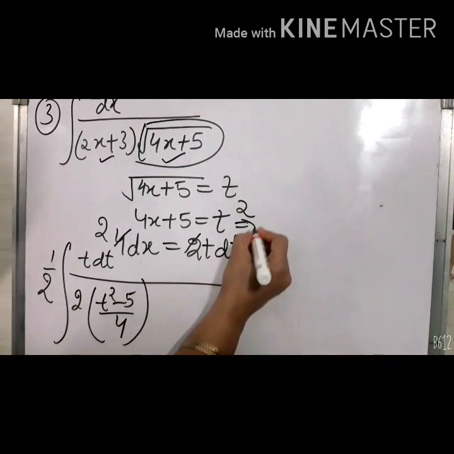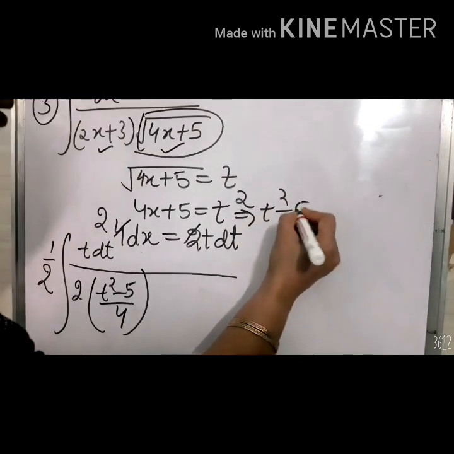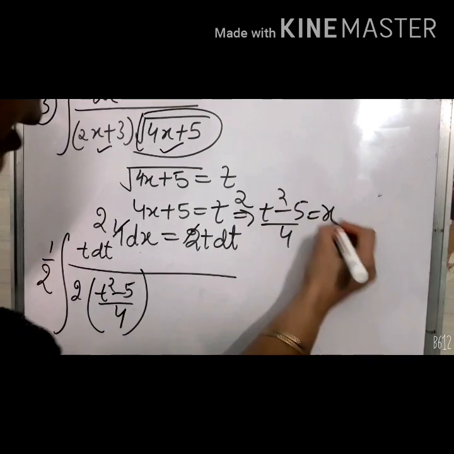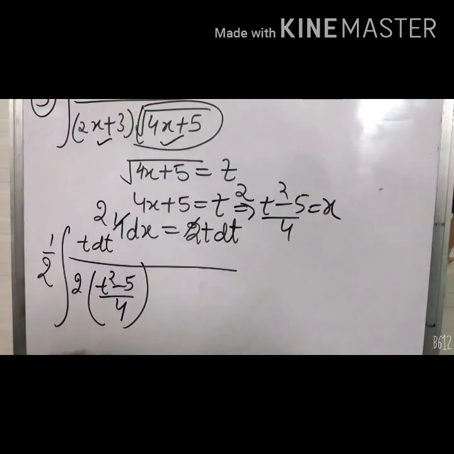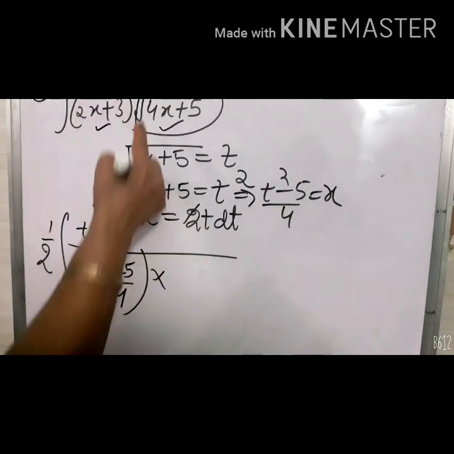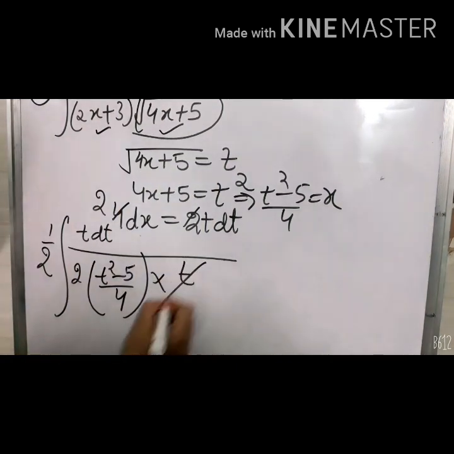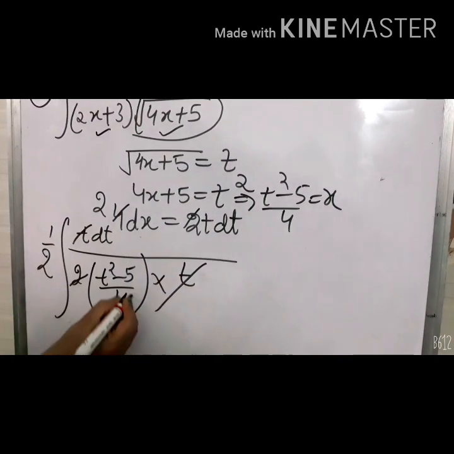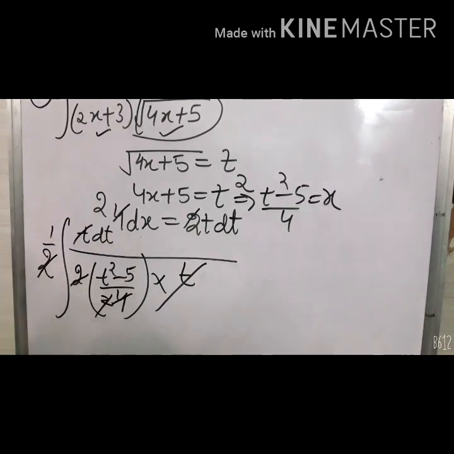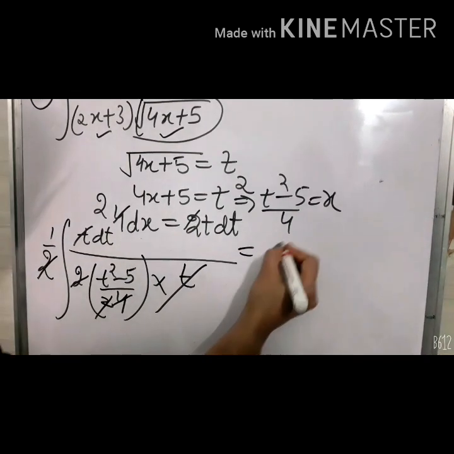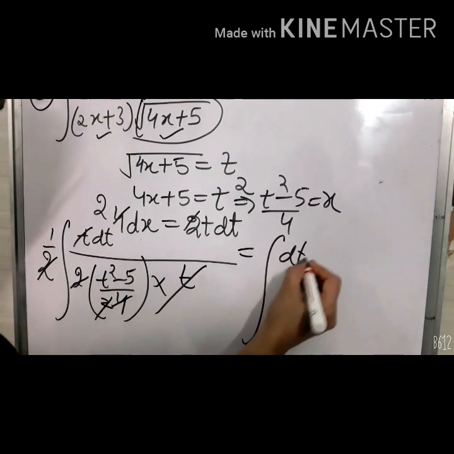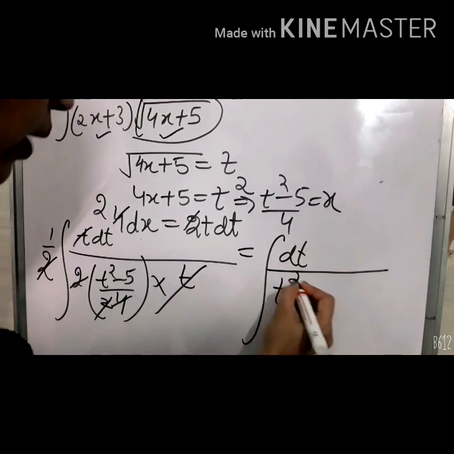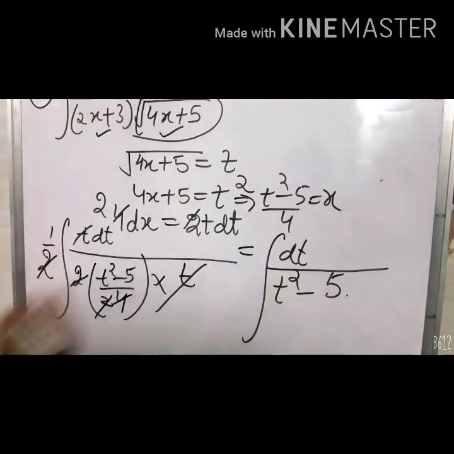See here, t square minus 5 by 4 is equal to x. Fine, so I am putting that value and into what will let t. See, this and this cancelled, this and this cancelled. We are remaining with a simple one, dt by t square minus 5.